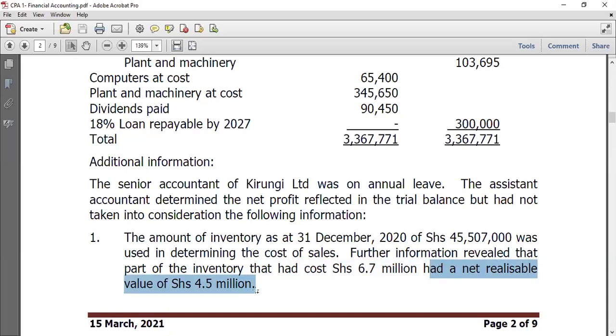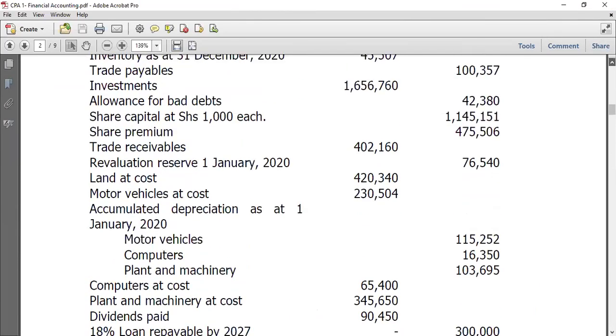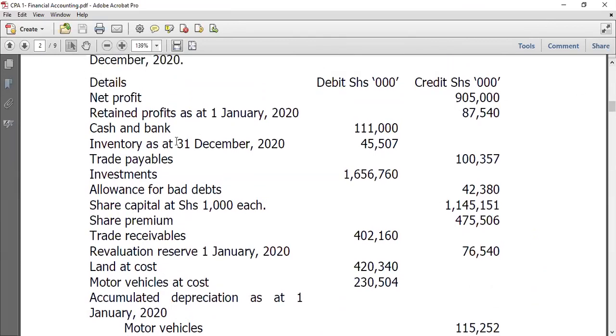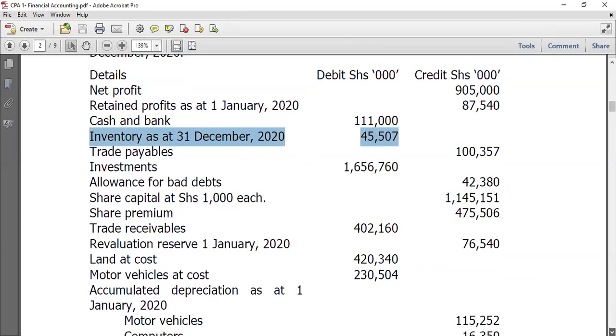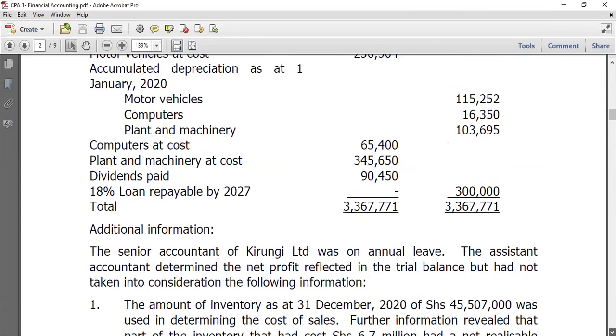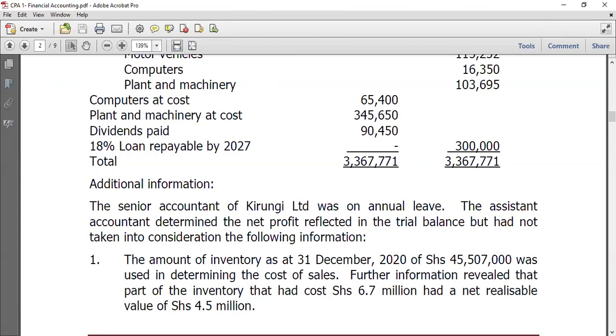When you go up here, remember we had inventory at 31st December. This 45,507 is exactly what we have right here at the bottom.